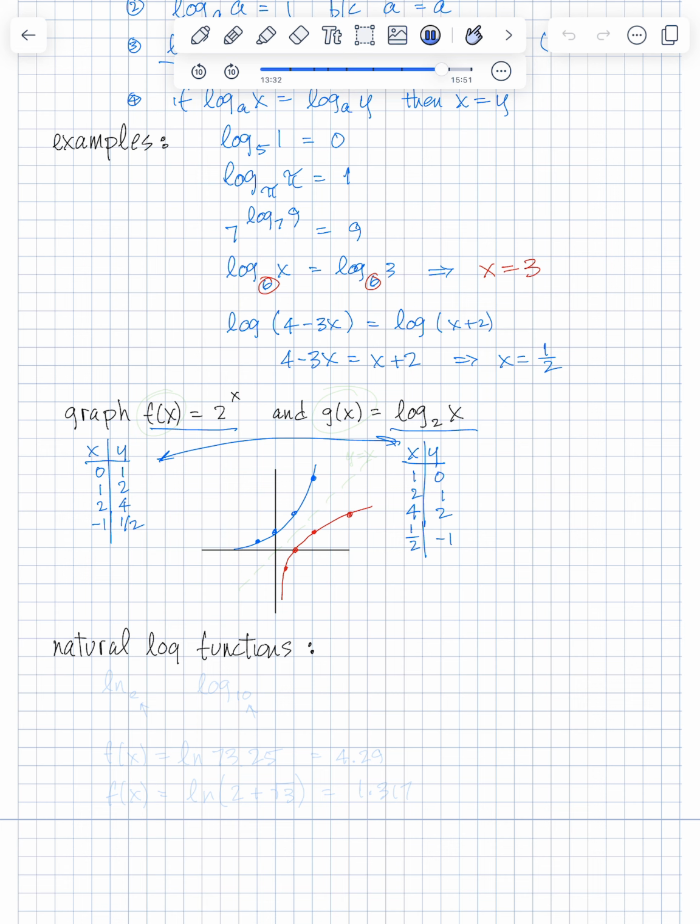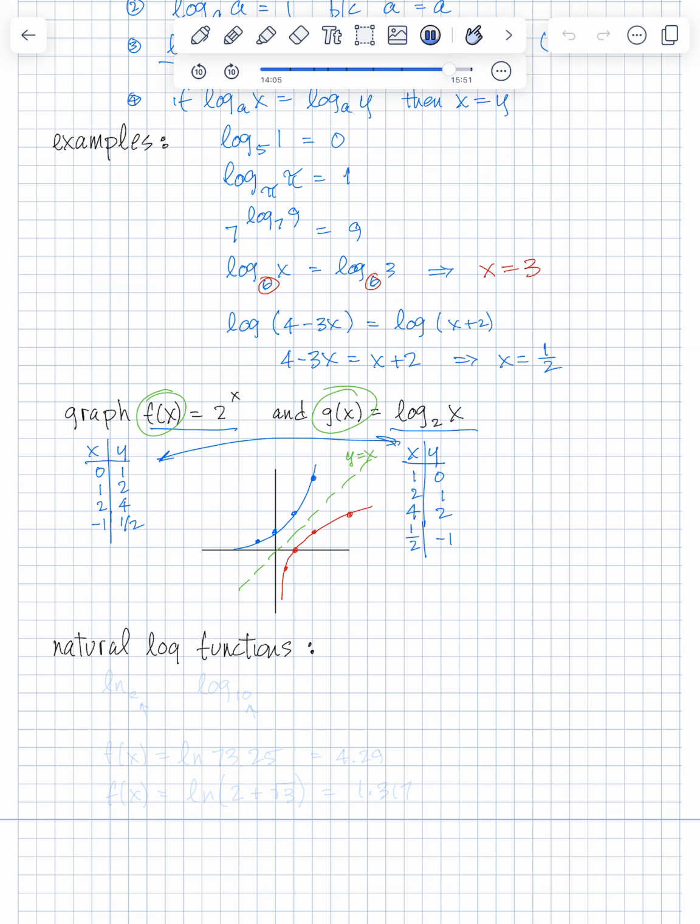And also, since they're inverses, you know that they are mirror images in the y equals x line. So we could draw a dashed line here. This is y equals x, and they are mirror images. So this proves that f of x is an inverse of g of x.